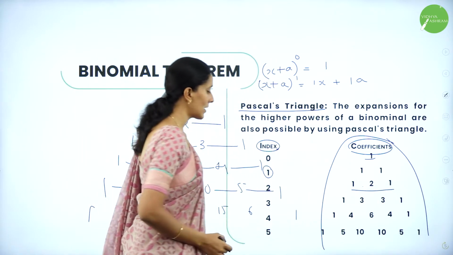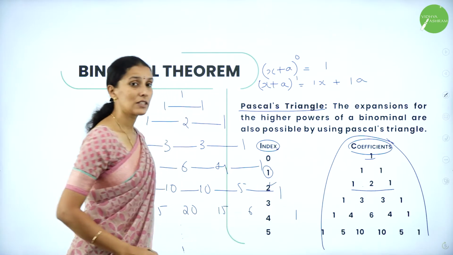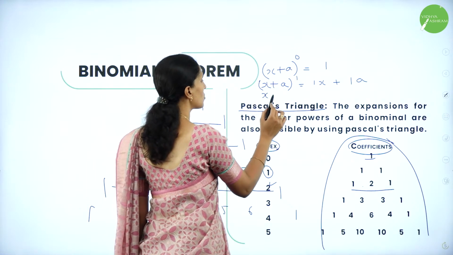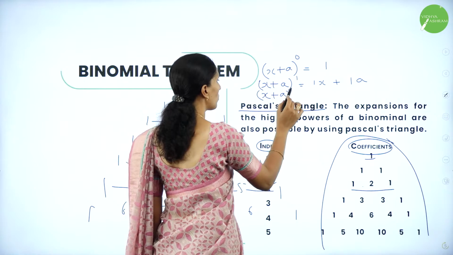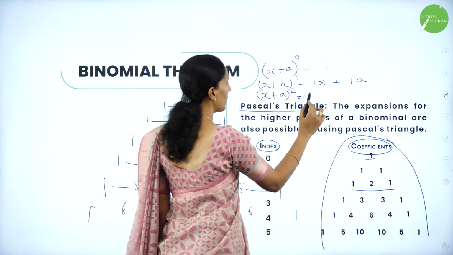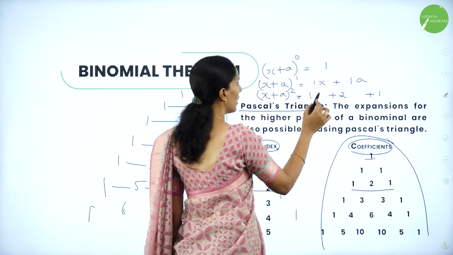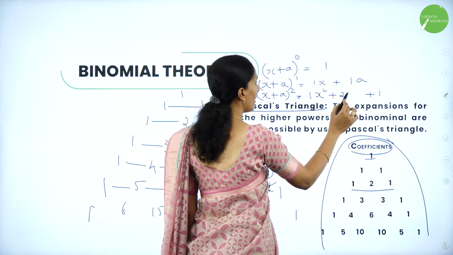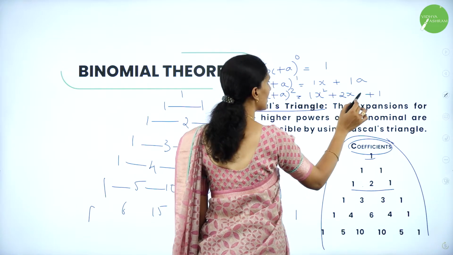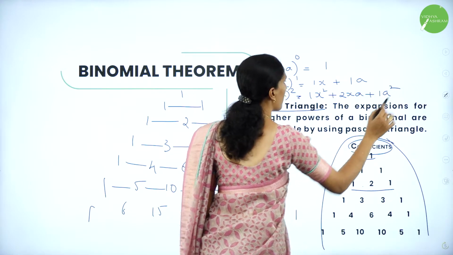Next, what happens if the index is 2? x plus a whole square. Your coefficients will be 1 plus 2 plus 1. So, x square, x and here it is a square.